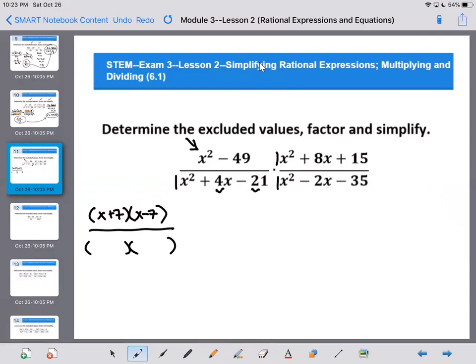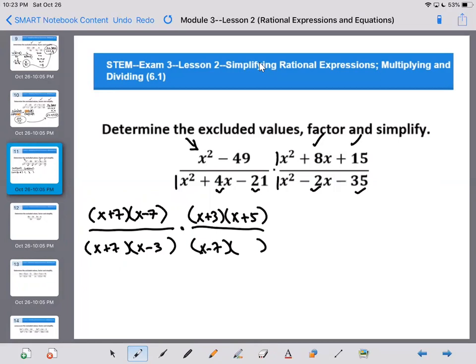Well, that's going to be 7 and 3, x plus 7 and x minus 3. Here we're looking at factors that multiply to give you 15, but add to give you 8. So that has to be x plus 3, x plus 5. And then last, we've got multiply to give you negative 35 and add to give you negative 2. So that's going to be x minus 7 and x plus 5.